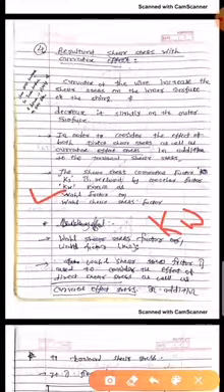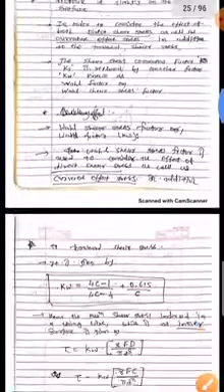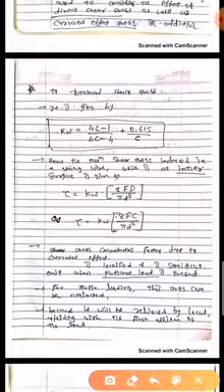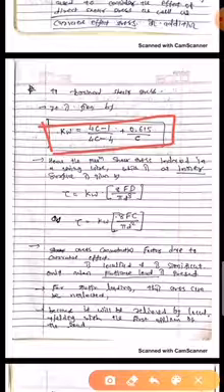The wall shear stress factor is used to consider the effect of direct shear stress as well as curvature effect stress, in addition to the torsion shear stress. It is given by, remember this, Kw is equal to (4c minus 1) by (4c minus 4) plus 0.615 by c.